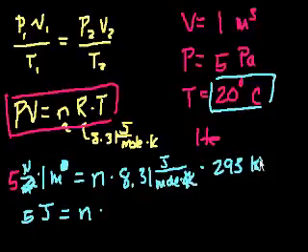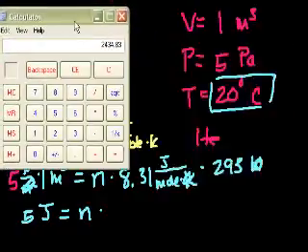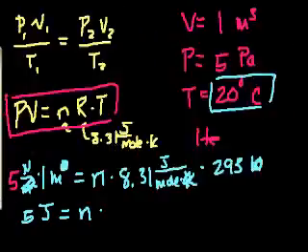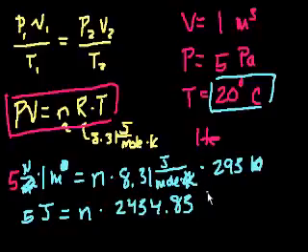Well, this Kelvin and this Kelvin cancel out. So 8.31 times 293 is equal to 2434.83 joules per mole.